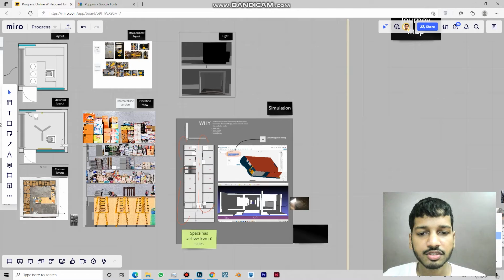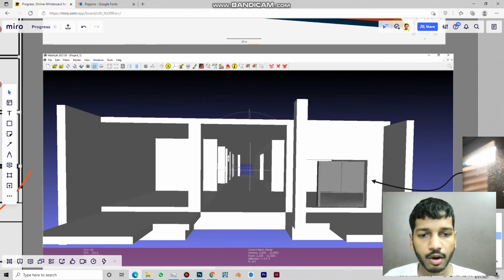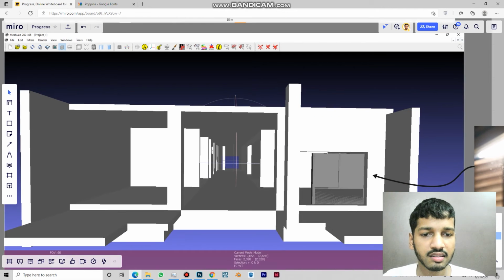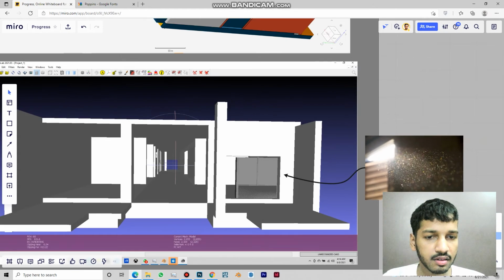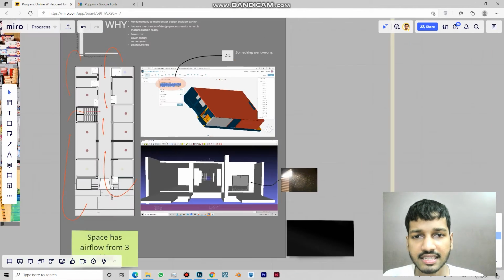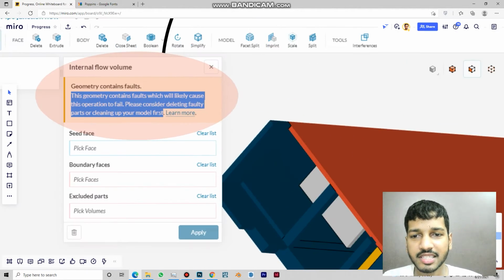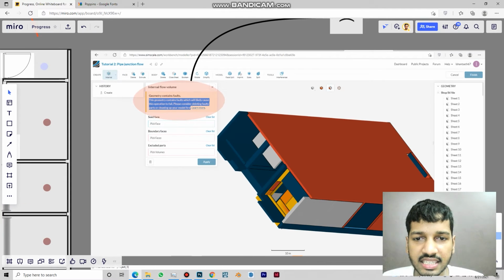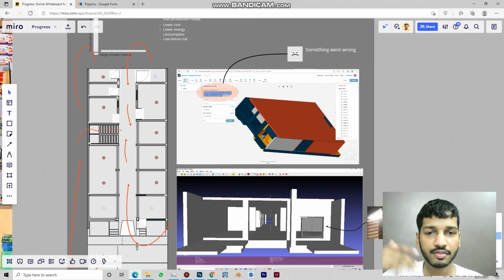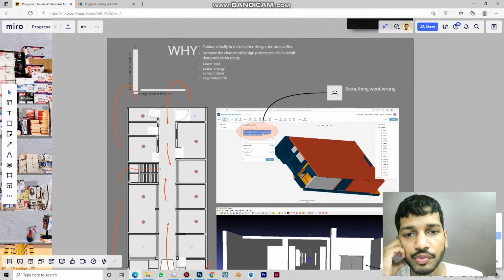So here I was doing a simulation of the air. This is the 3D model of the ground floor of the building. This is the shop, and I was trying to create the simulation from this, but due to some technical problems, I could not get those exact simulation images, like those red and green ones. Why do we use simulations?